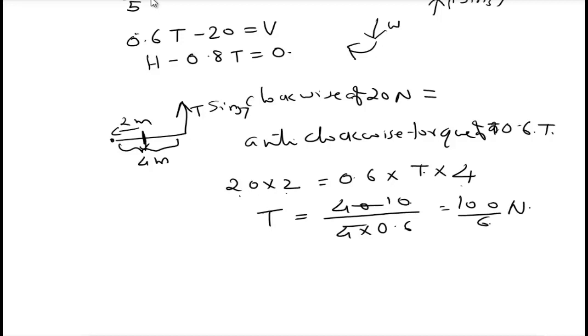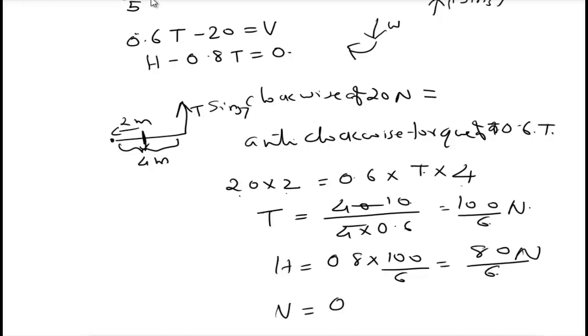Now we can find the values of V and H. H equals 0.8 into 100 by 6, so it is 80 divided by 6 Newton. And V is 0.6 into 100 by 6 minus 20, which is the vertical force acting on it.